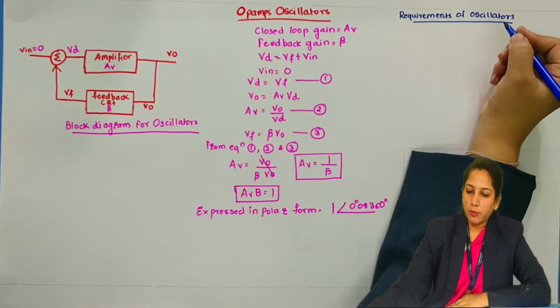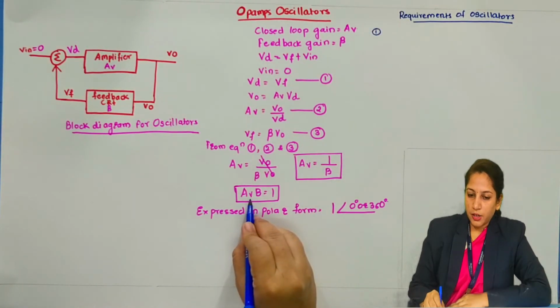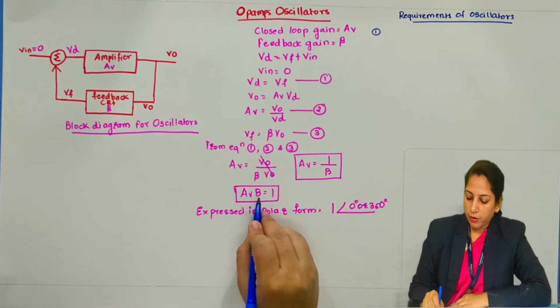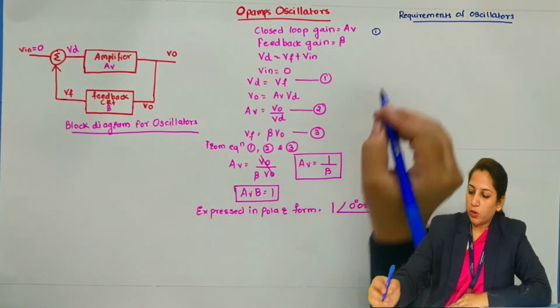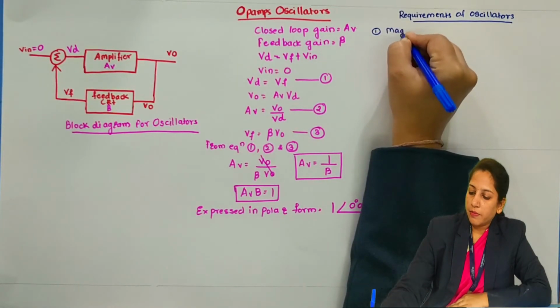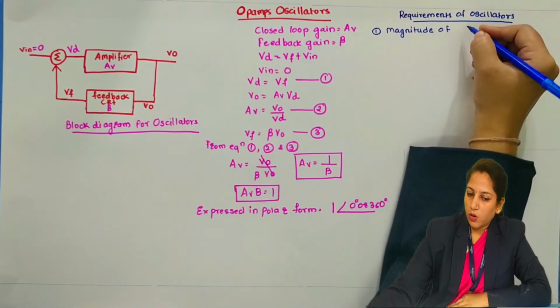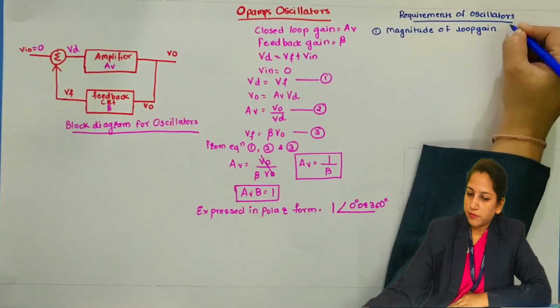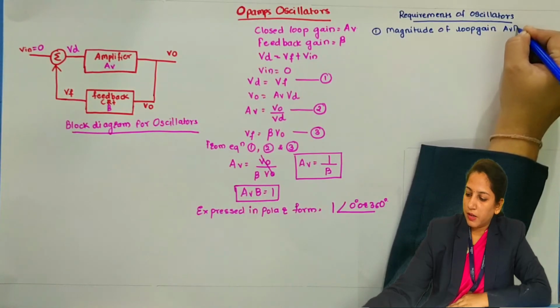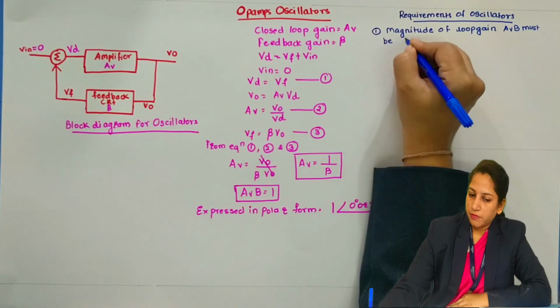There are two requirements of an oscillator. First, the magnitude of loop gain AVβ must be at least equal to 1. This is the very first requirement.